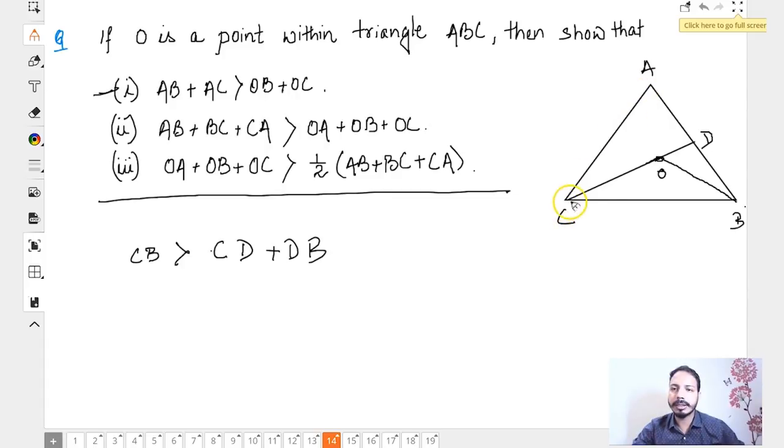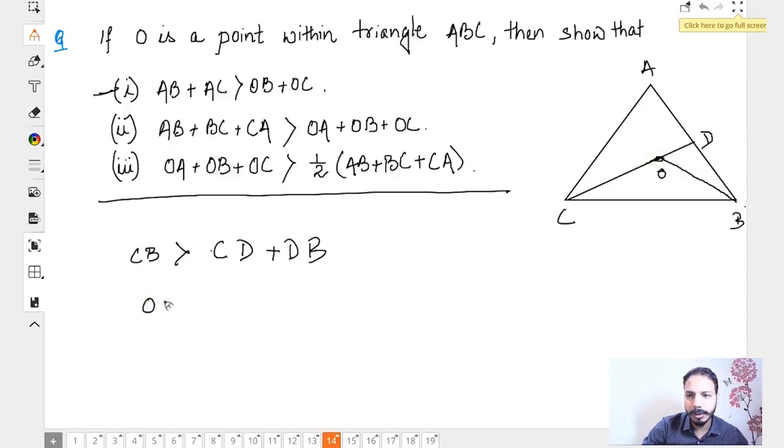Similarly, we can say in this triangle, this side plus this side is greater than this one, right? And in this small triangle also you can take, what will happen in this small triangle?